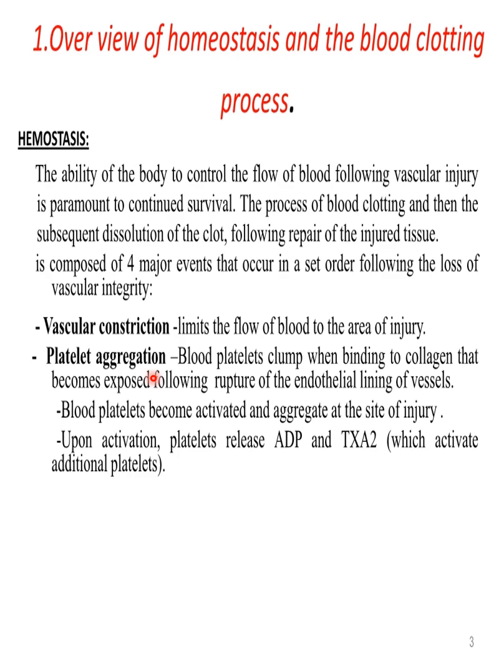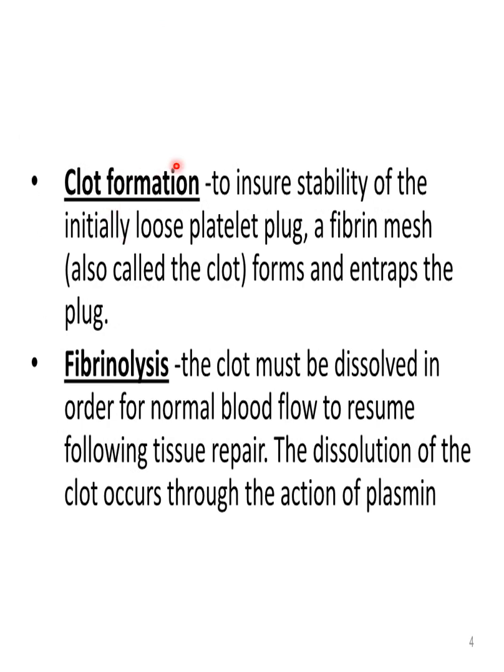Remember, the platelet is something like a factory and has so many chemical mediators. Then there is clot formation to ensure the stability of the platelet plug. And finally there is the fibrinolysis pathway, so that the clot must ultimately dissolve and a normal flow of blood can be ensured.